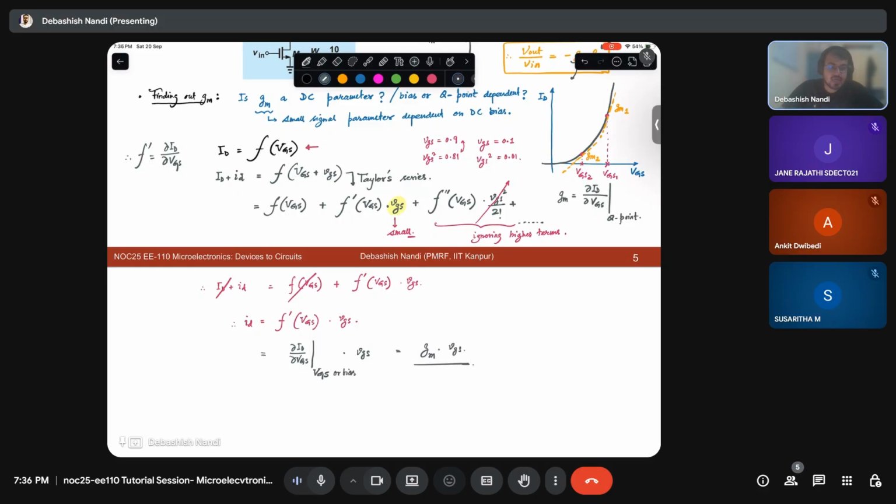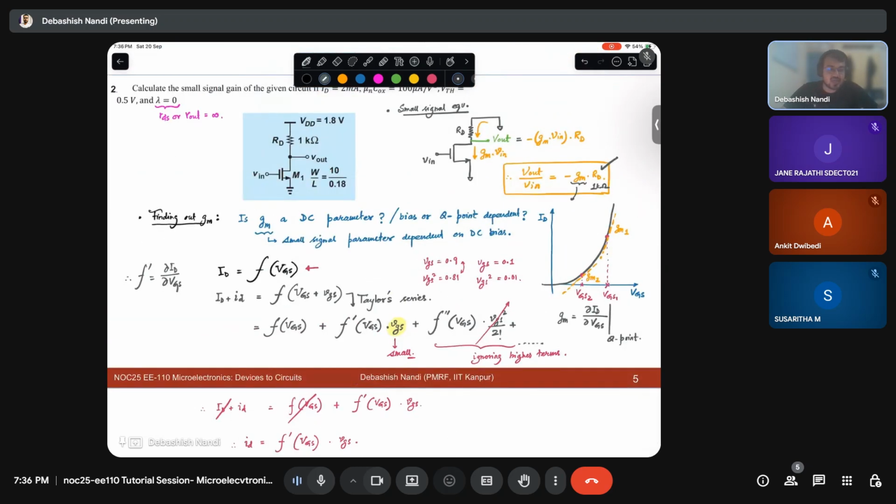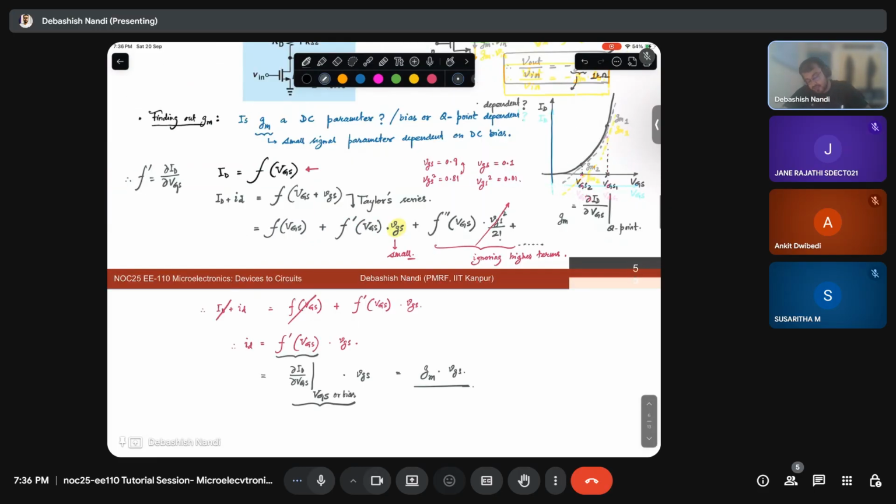Under small signal approximation only, every small signal circuit design you are doing is valid. So the takeaway point is gm is dependent on bias, and you have to calculate it from the DC analysis.